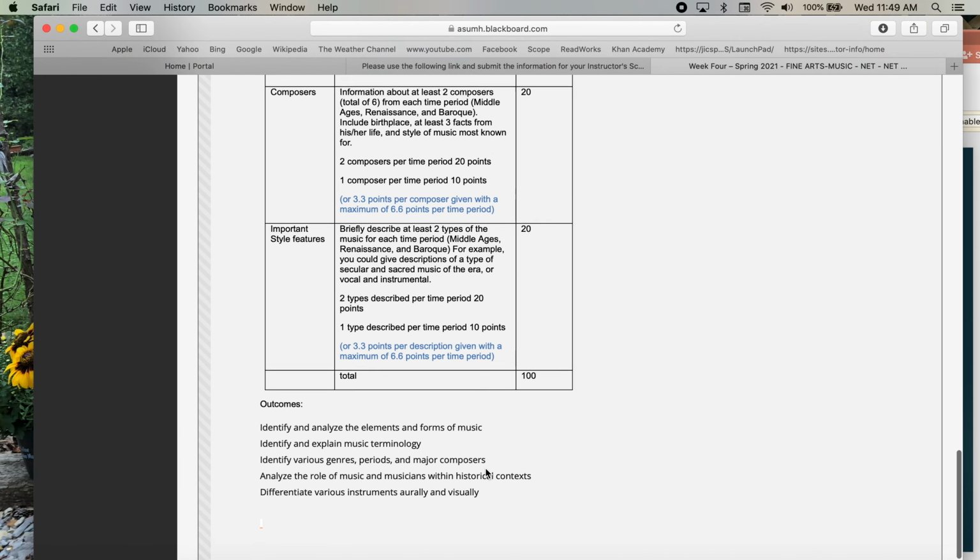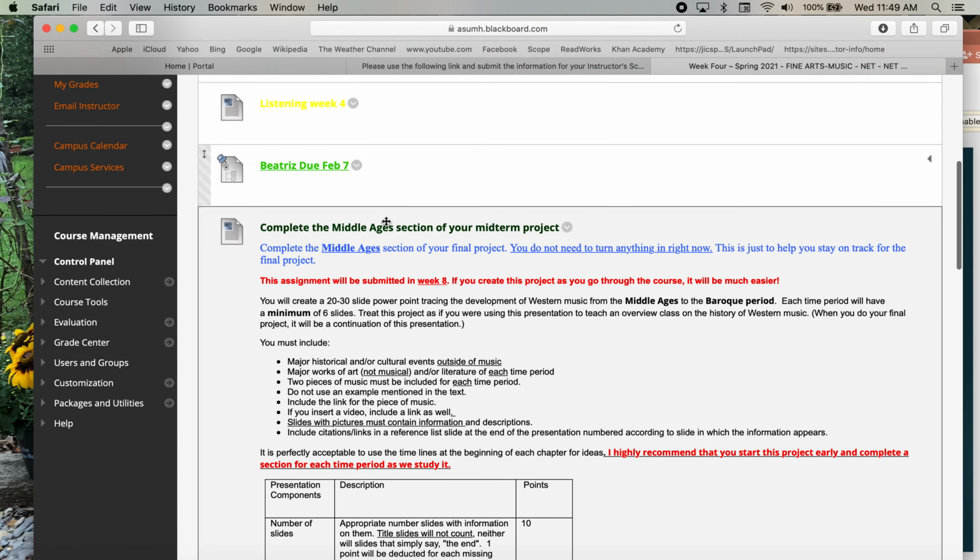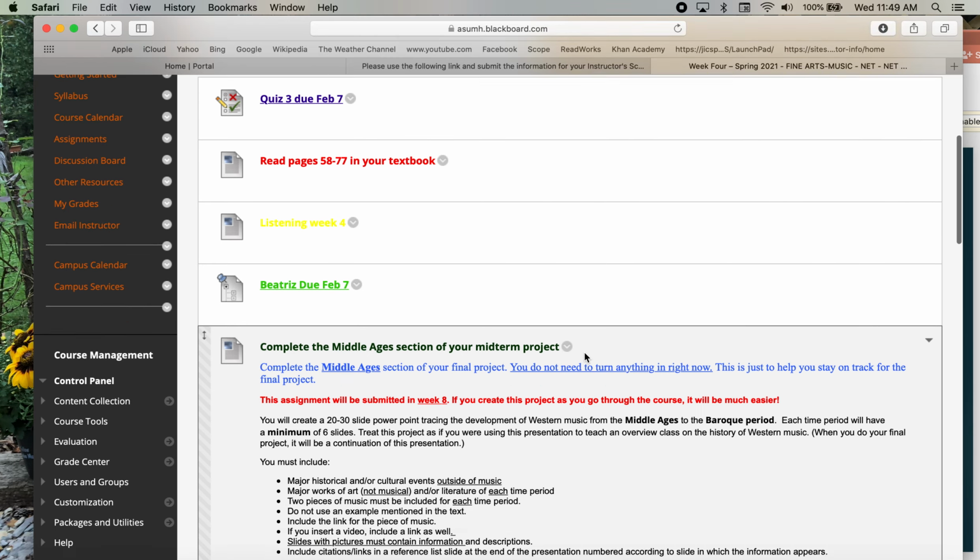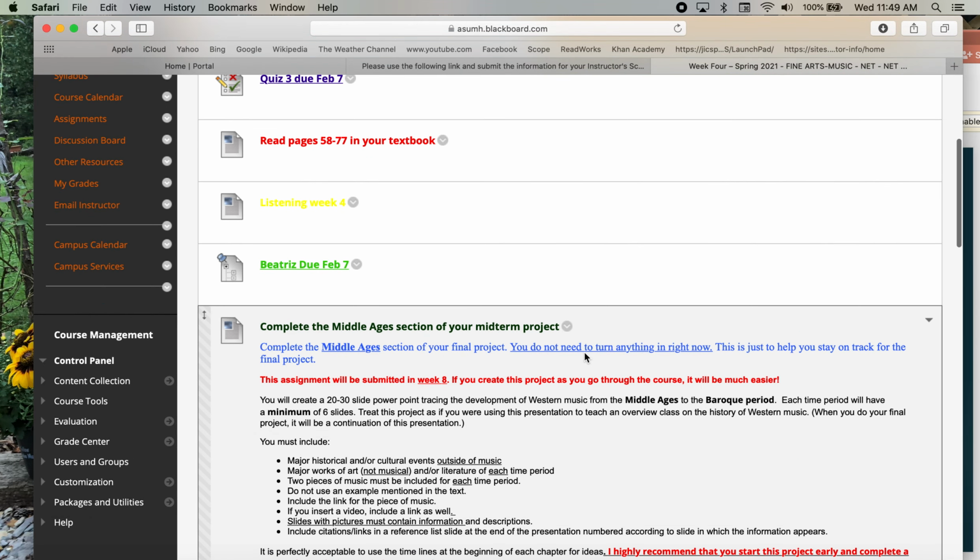I just put the rubric again. By week 4, we will have completed the Middle Ages section of this course, and you should be able to at least do that section of the PowerPoint. So nothing to turn in, but I'm just trying to space it out for you, so when the project's actually due, you're not doing it all at one time. Just do it a little bit at a time.